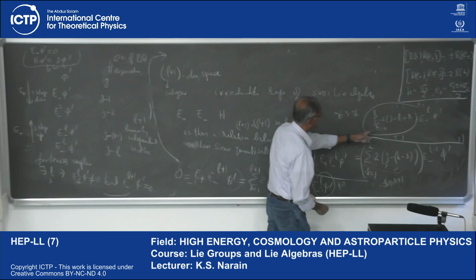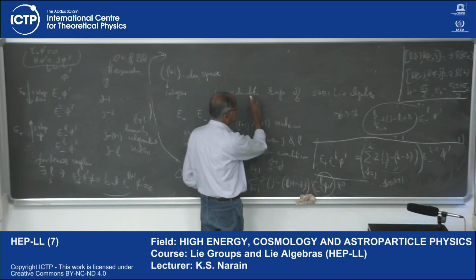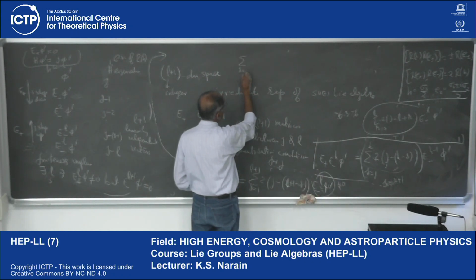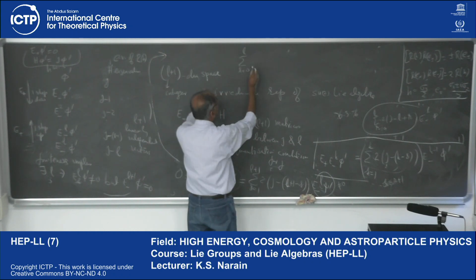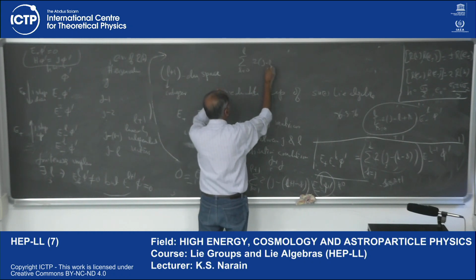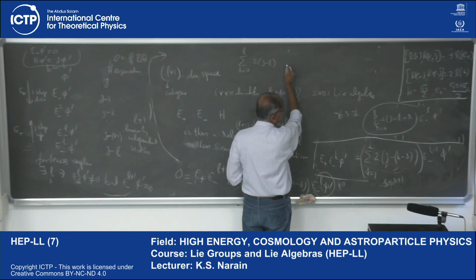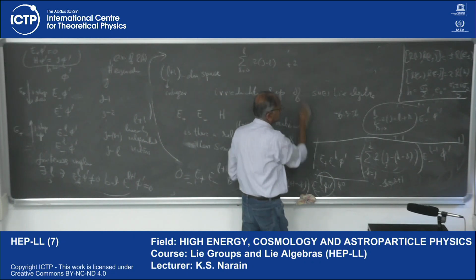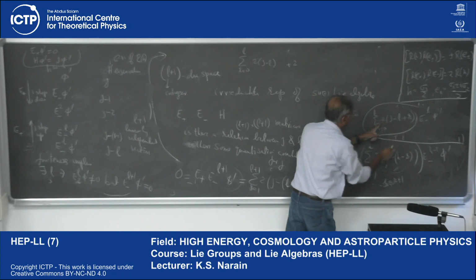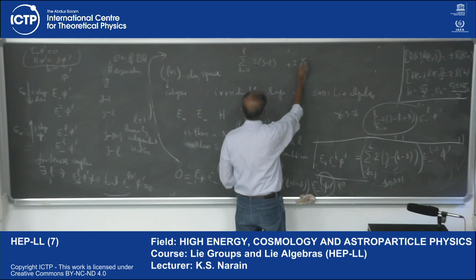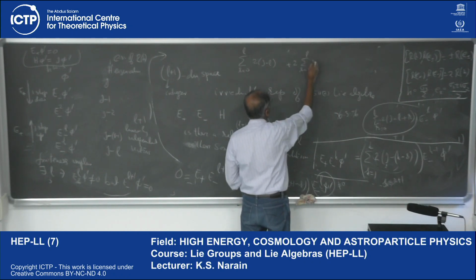So let's just open this up. There are two terms. One is the sum over r equal to 0 to L of 2j minus L, and another term I write as plus 2 times the sum over r equal to 0 to L of r.